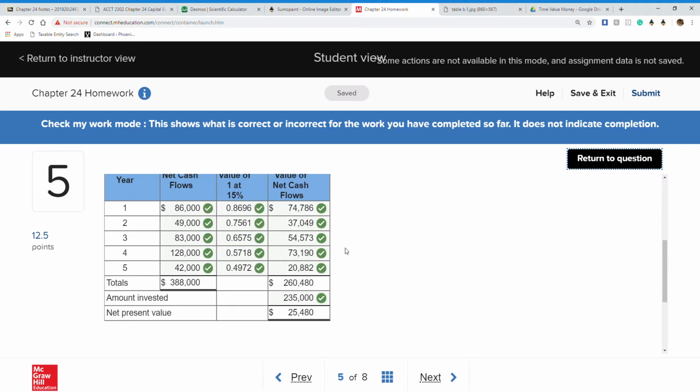Good net income. That's very good for us. If this was negative right here, we would have said no. I seriously doubt the net cash flows right here is a lot more. You're starting to see it's 388,000. It's probably going to be positive.